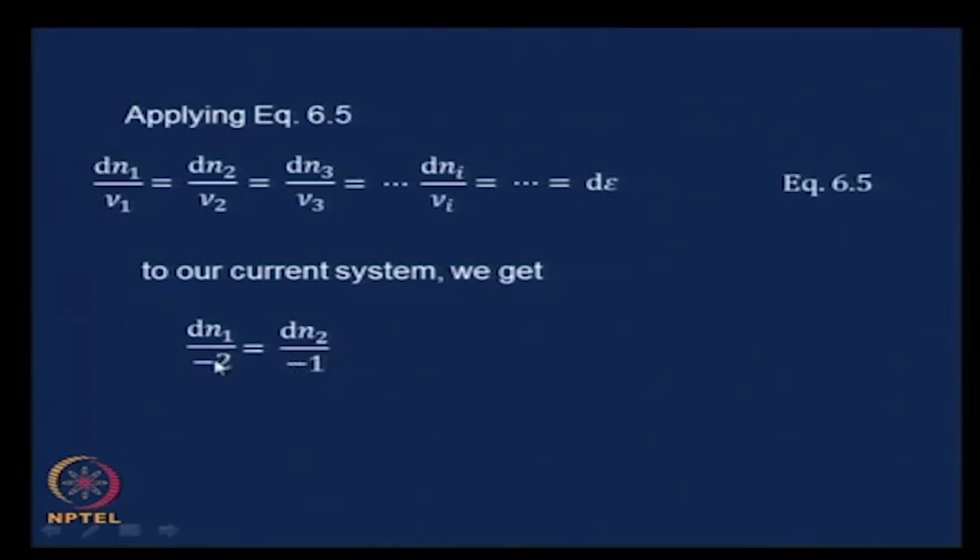Similarly, here also 2 was the stoichiometric coefficient of A, and since it is a reactant, by our convention this becomes minus 2, equals dn_3 by the stoichiometric coefficient of the product C, and since it is a product, we have a positive sign here, plus 3. So, dn_1 by minus 2 equals dn_2 by minus 1 equals dn_3 by 3. Let us call this equation 6.9.